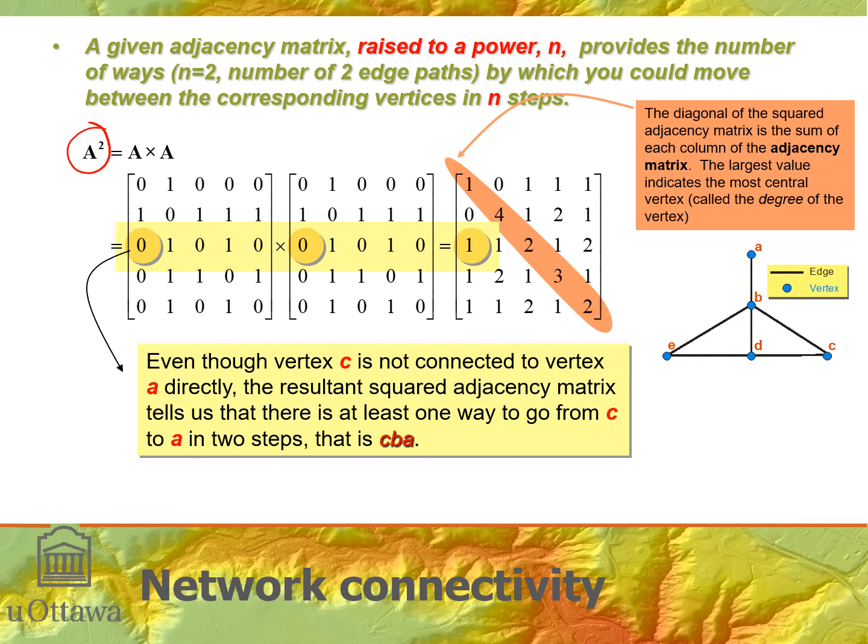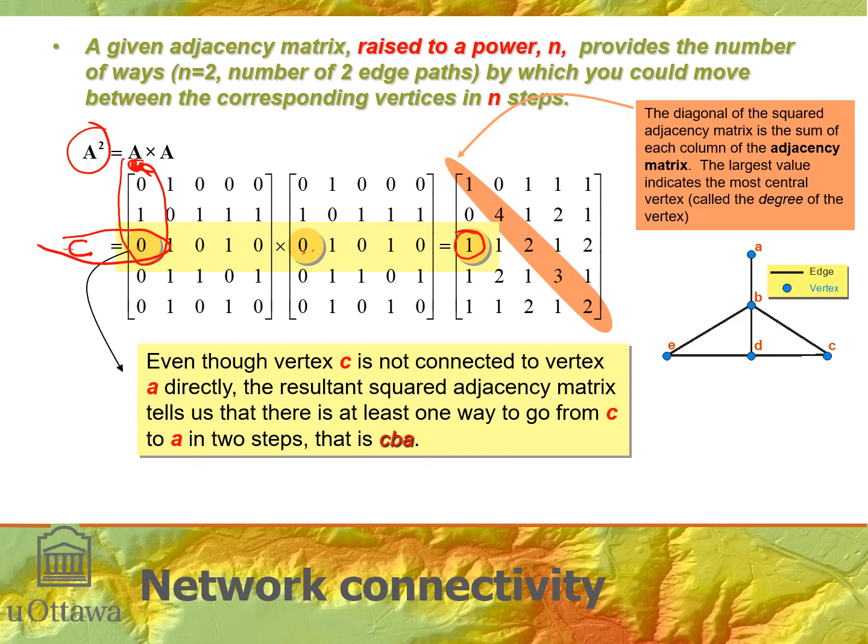Here we have C and A right here. So A and C, that's the row. It has 0 here, 0 here, and then by the dot product in matrix multiplication, we get a 1 here. So that means there is one way to move between those corresponding vertices.